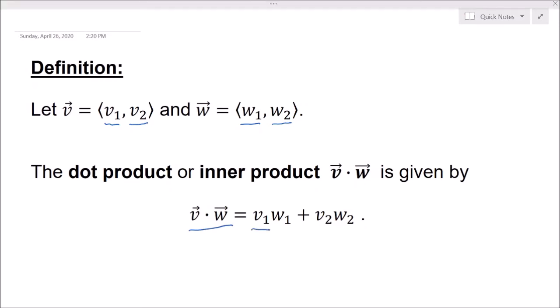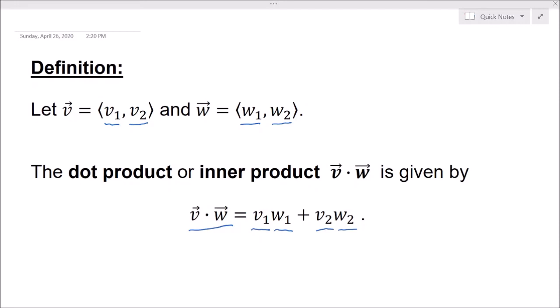What is that? That's the horizontal component of v, right? Multiplying that by w sub 1, what is that? That's the horizontal component of w, right? So multiplying the two horizontal components together, plus, what is v sub 2? That's the vertical component of v, and w sub 2, that's the vertical component of w, right?